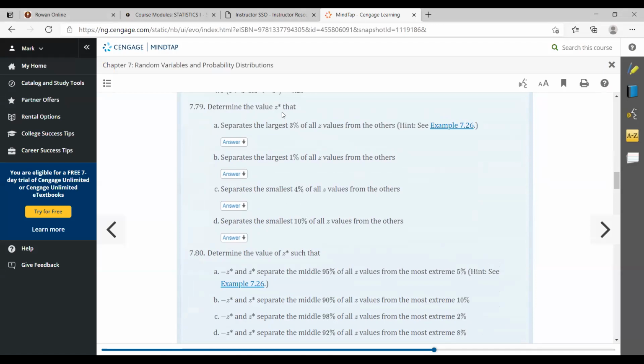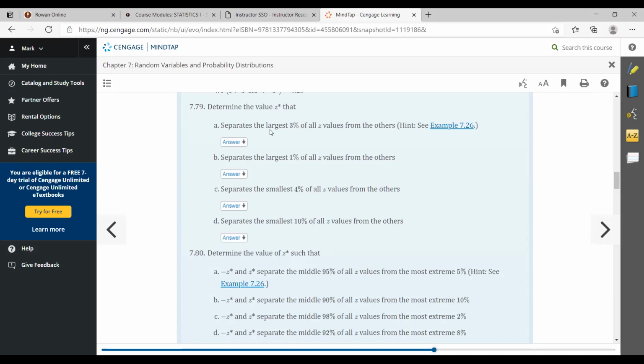All right, but it's basically a value of z such that, use the words such that, it separates the largest 3% of all z values from the other values. The largest 3% would be the right tail, wouldn't it? It would be a right tail that has 3% of the area when we use the word largest here.